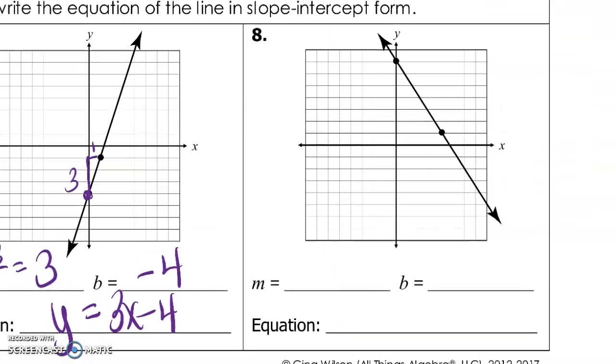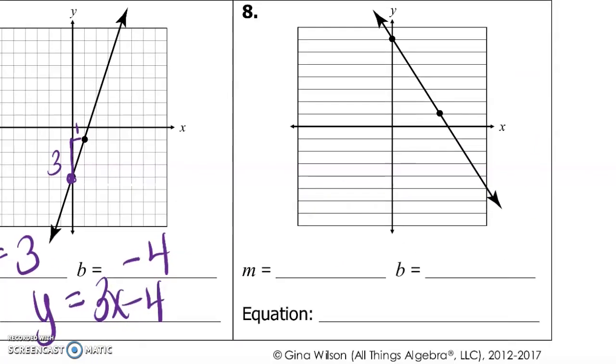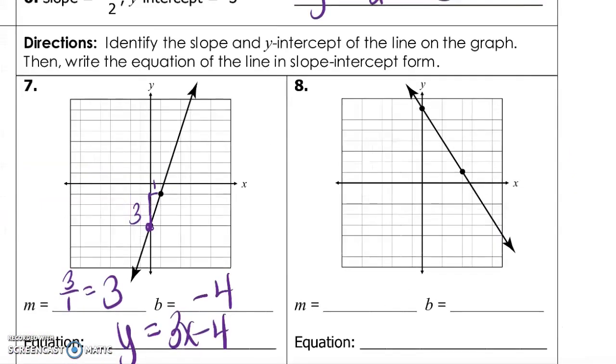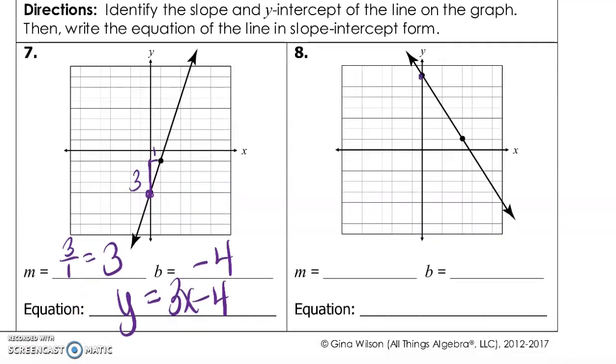When you have an actual graph, you need to find your y-intercept first, and then count your slope. So your y-intercept is clear up here where it crosses the y-axis. 1, 2, 3, 4, 5, 6, 7. So your b, your y-intercept is 7.